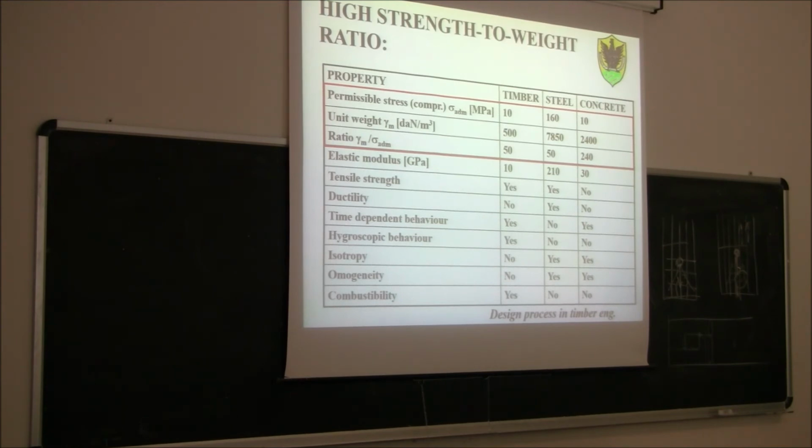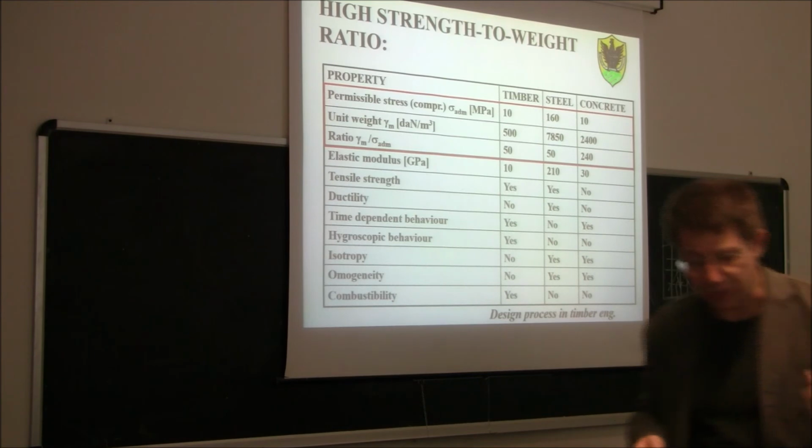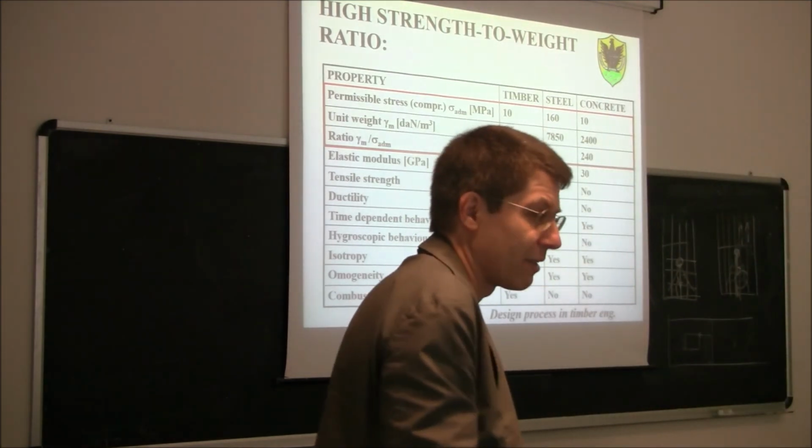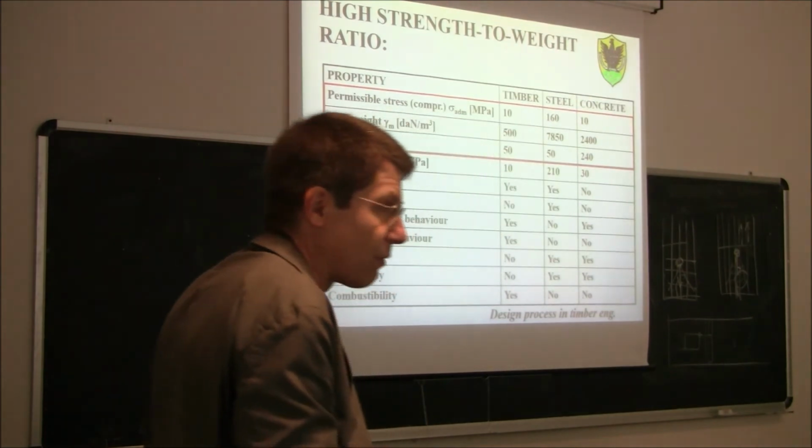So the weight of the timber column will be 5 times less than the weight of the reinforced concrete column. What does it mean? It means that both structures, we said before, are bulky structures, squat structures, strutture tozze importanti, but the weight of the timber is only 1/5 of the weight of the concrete. 1/5 is much less.